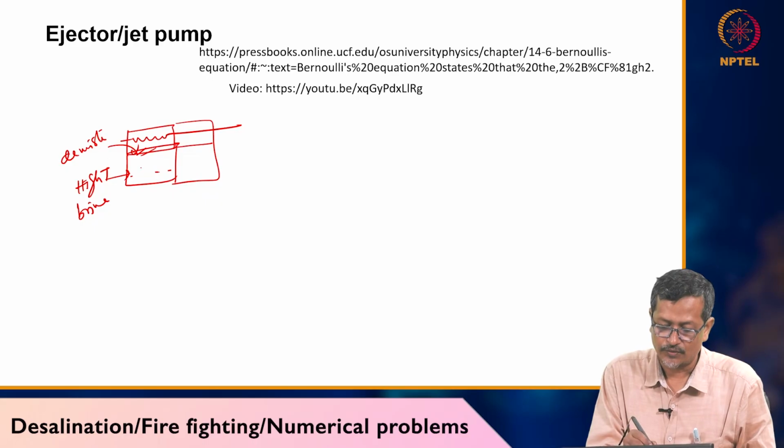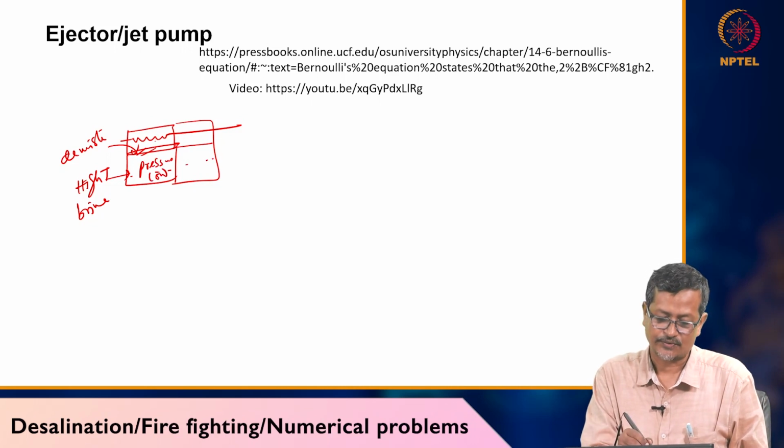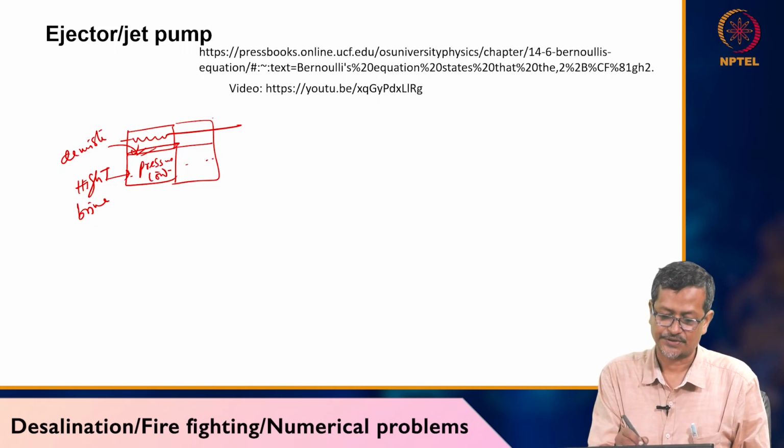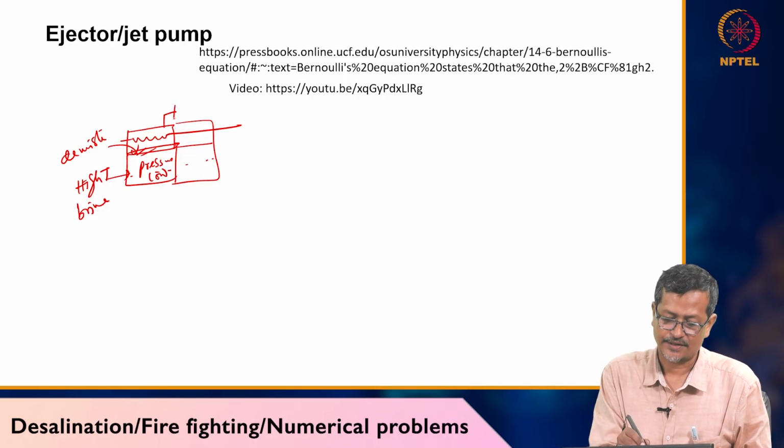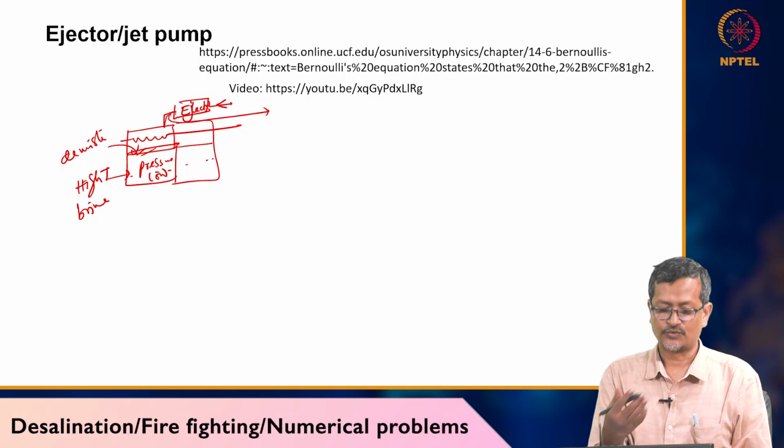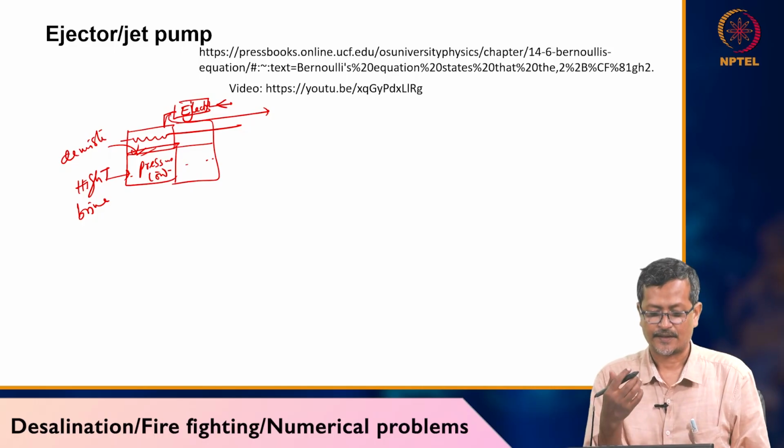Now the pressure is low, and this pressure is further lower. How to create the low pressure? In the previous lecture we have seen that we have one ejector system. The ejector system will take water, it will create low pressure, then water will go back, but that low pressure will be used to handle your high volume of steam.